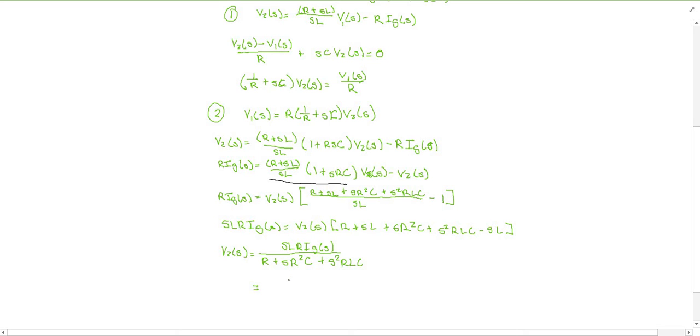So what I'm going to do is divide the numerator and the denominator by essentially RL.